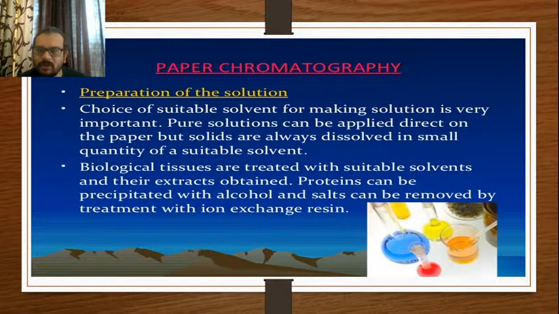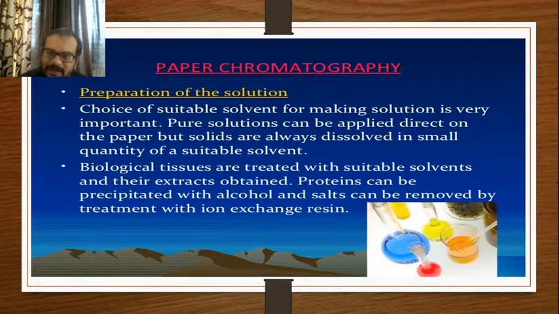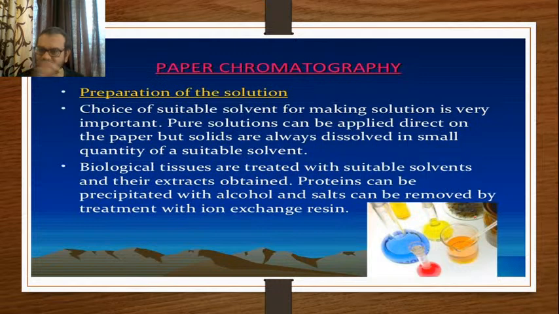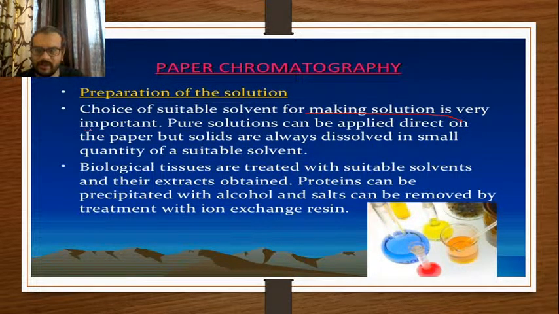Now paper chromatography, preparation of the sample. The first criterion for the preparation of the sample is the solubility of your sample. Your sample needs to be soluble inside the solvent, so that you can prepare a proper solution of it. Choice of a suitable solvent for making the solution is very important.